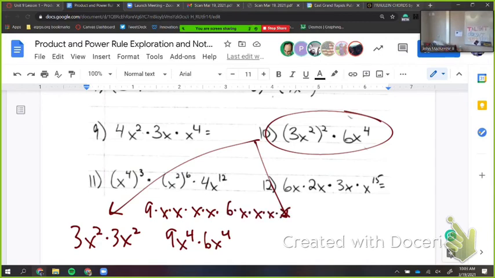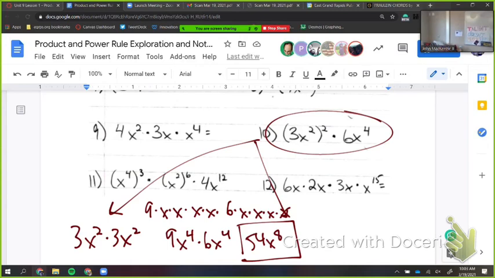Boring. Right? I can rearrange this any way I want. So that's why I would rewrite it as 54x to the 8th. It's 9 times 6. If it's all multiplication, order doesn't matter. So I'd get 54x to the 8th for that.